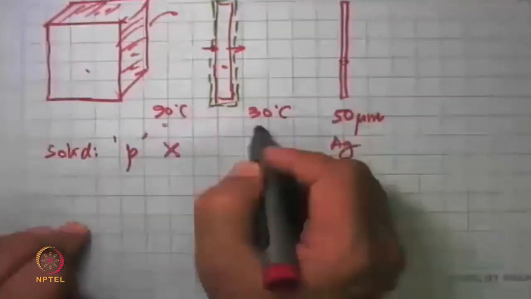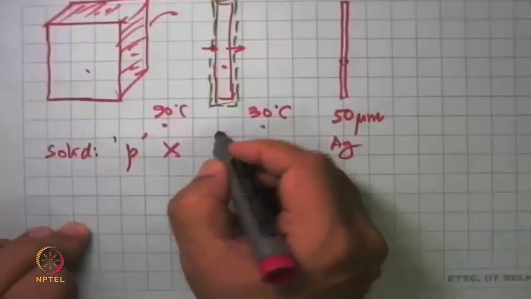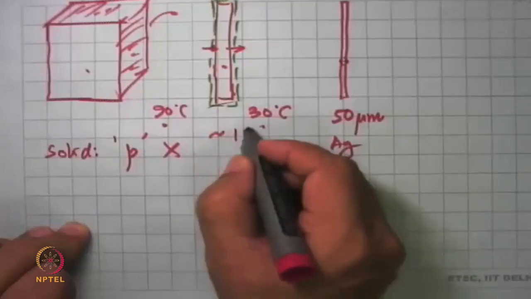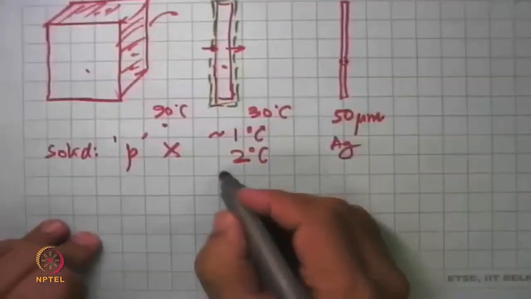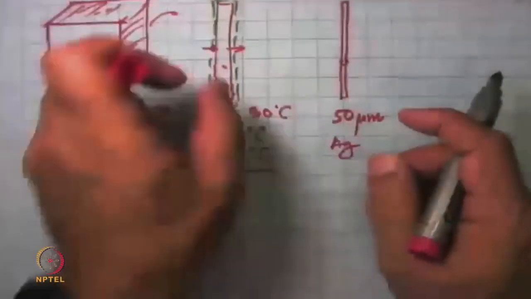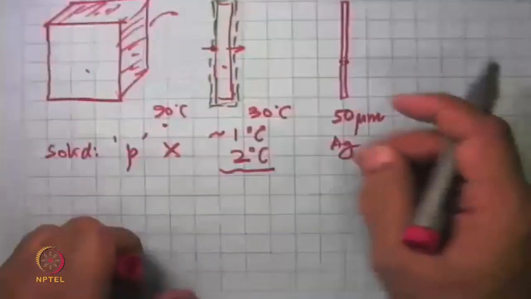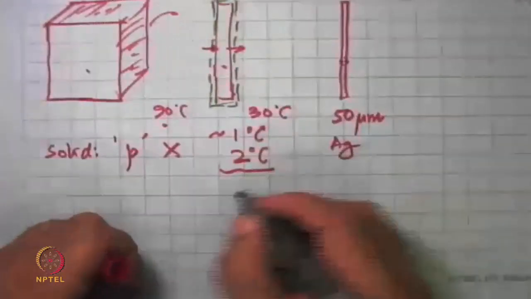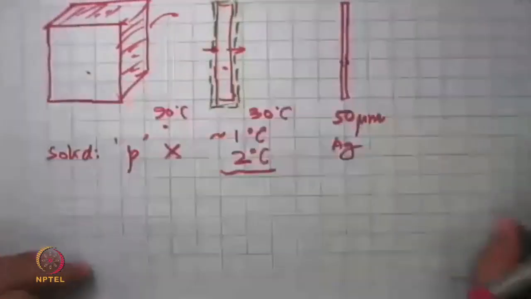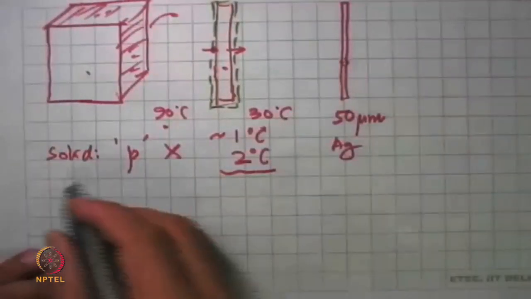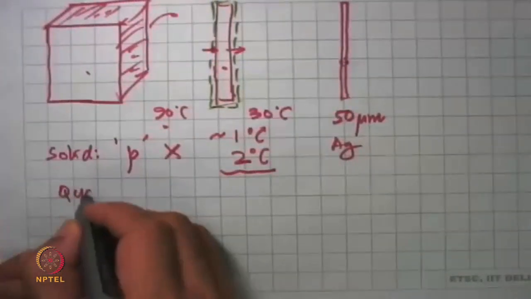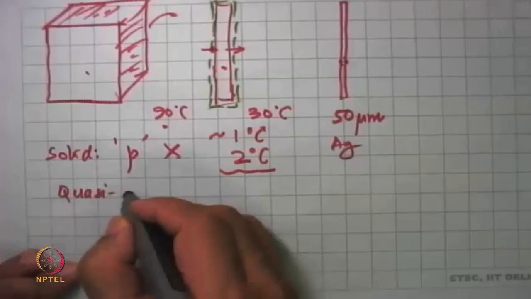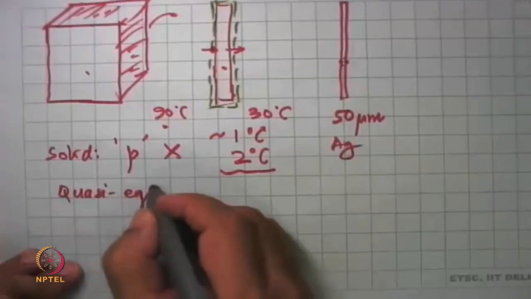But if these temperature differences are relatively modest, say a temperature difference of a couple of degrees Celsius, depending on the application, then we can say the temperature difference across this is very small. I can say that it is almost at the same temperature, and that this is in a sort of thermal equilibrium, though not strictly thermal equilibrium, and this we say is an example of quasi-equilibrium.